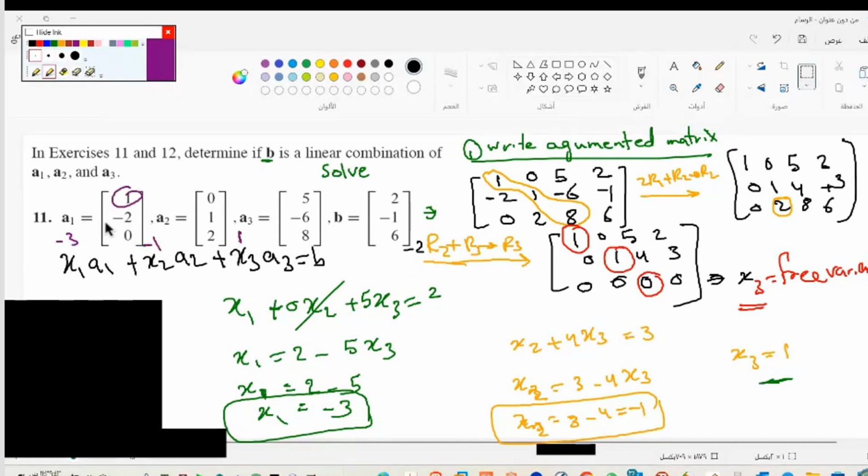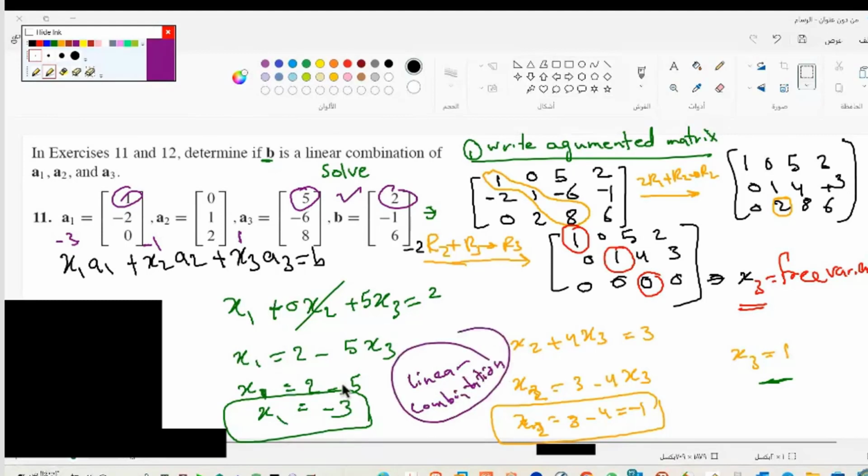Minus 3 with 1, it is minus 3. Here 0, here 1, with 5, it is 5. Minus 3 with 5 equal to b, yes. So we can write it's a linear combination. Got it? It's clear for you?